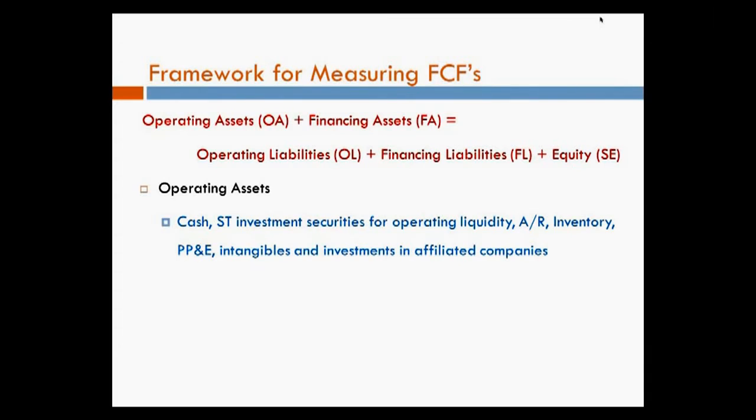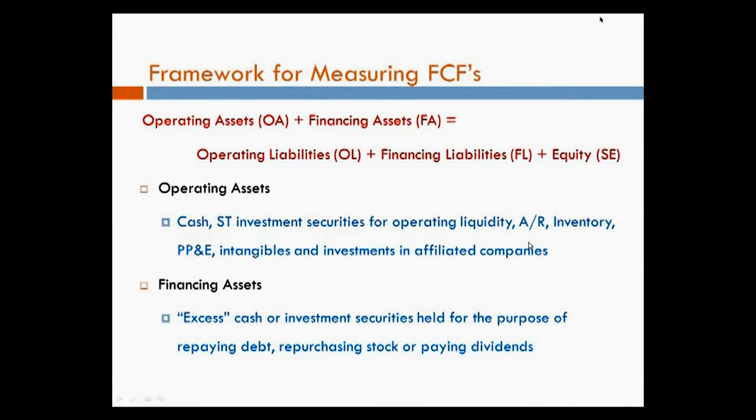So operating assets are cash, short-term investments that you need for liquidity purposes, accounts receivable, inventory, PP&E, intangibles, investments in other affiliated companies, things that are involved with the operation of the company.